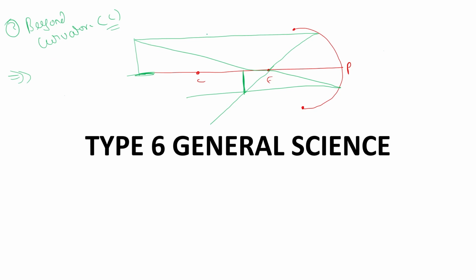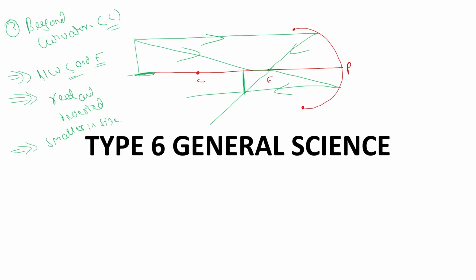Let me make it a little bit clearer for you. Then the image will form between C and F. As I had already told you, what we mean by C and what we mean by F. Second, it is real and inverted. And the third point is it is smaller in size. So remember this point.